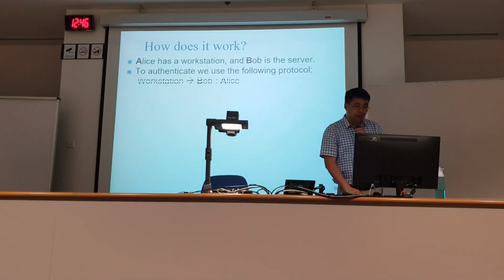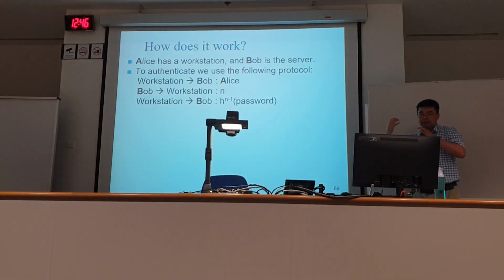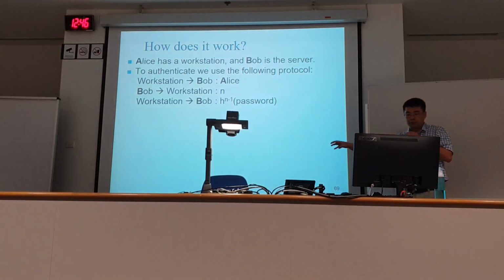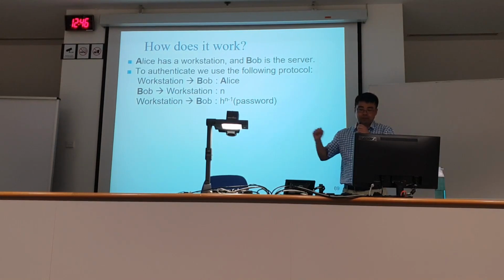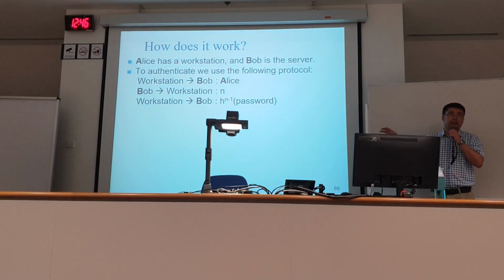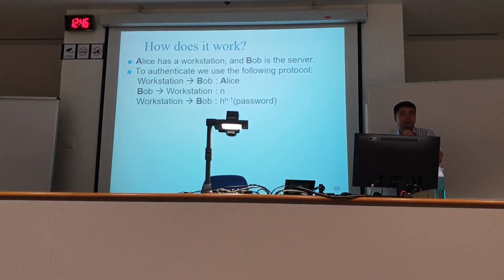Okay, so basically, now the first time you want to log in, the user will keep the initial password, the first password chosen, but the server will keep the last hash password. So the server keeps the last hash value in its password table, but the user keeps the first password.